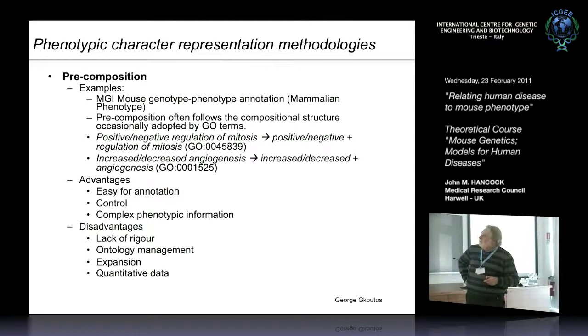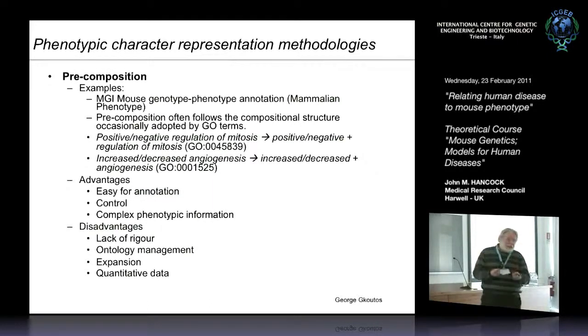Positive or negative regulation of mitosis is regulation of mitosis with a value which is positive or negative. Increase or decrease angiogenesis is angiogenesis which has a value of increase or decrease. So you can see how you can break these down into more sophisticated subsets of concepts.